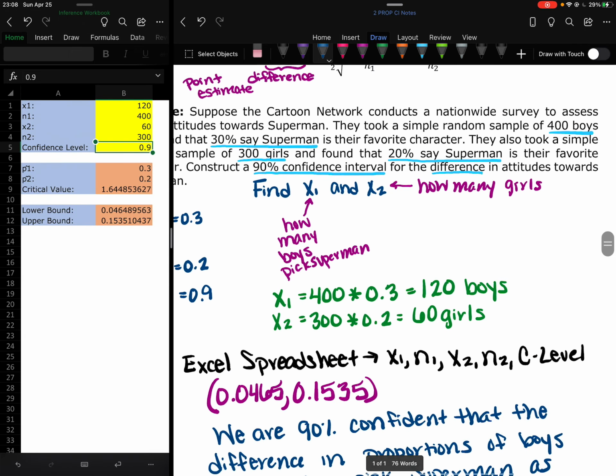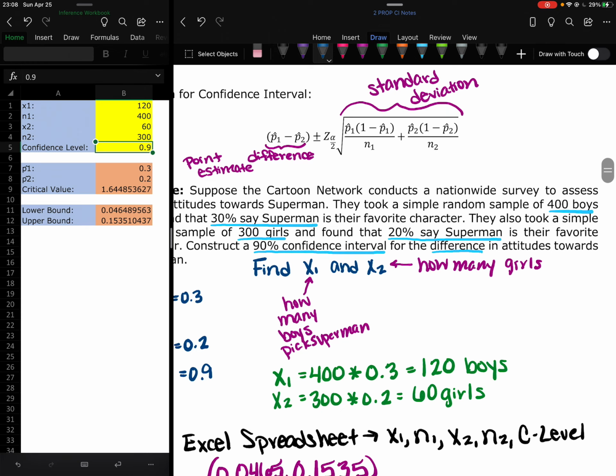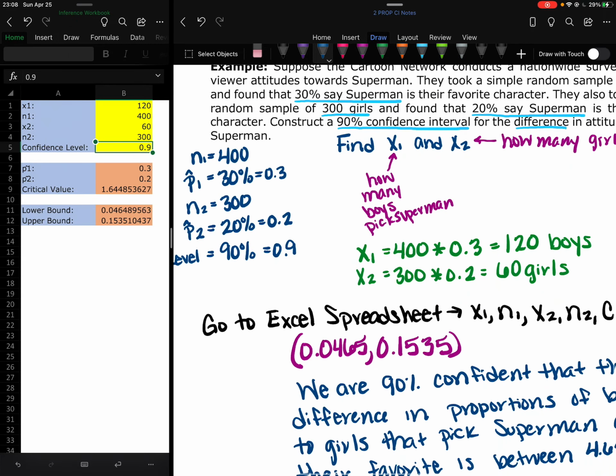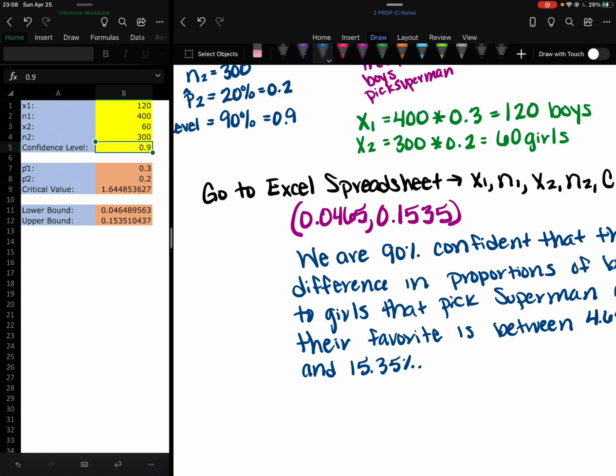So remember, we start this with a point estimate that's found by looking at the difference between P1 hat and P2 hat. In our example, the 1s represented the boys, the 2s represented the girls. Both of these numbers are positive. If I subtract 2 numbers and I get a positive number, then that means the first number was bigger.